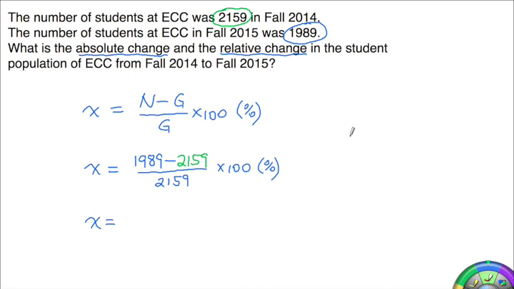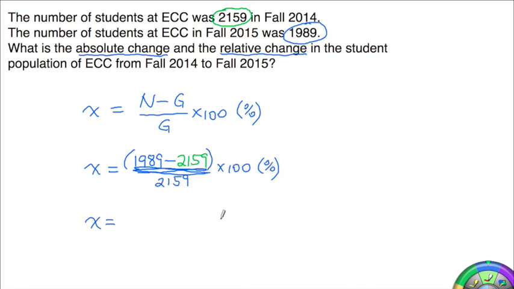This long fraction bar here is an old notation for parentheses. That means if there's two pieces either above or below this, you have to put it in parentheses first. Now, if you don't like using parentheses, the trick is do the calculation on the top, get an answer. Divide by the bottom, get an answer. Multiply by 100, and then write it as a percent.